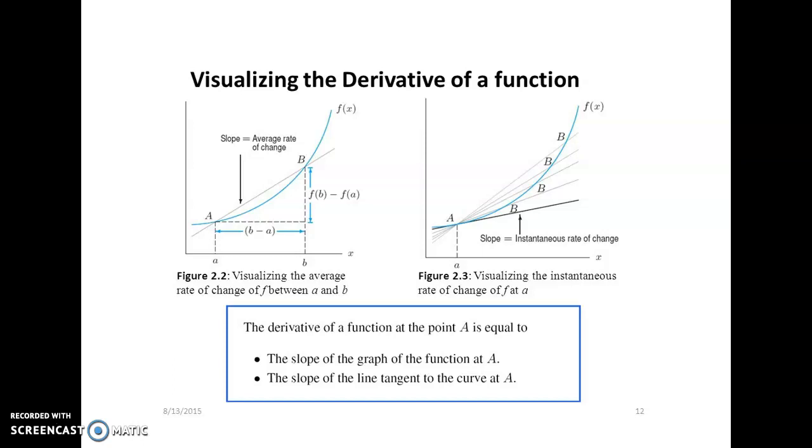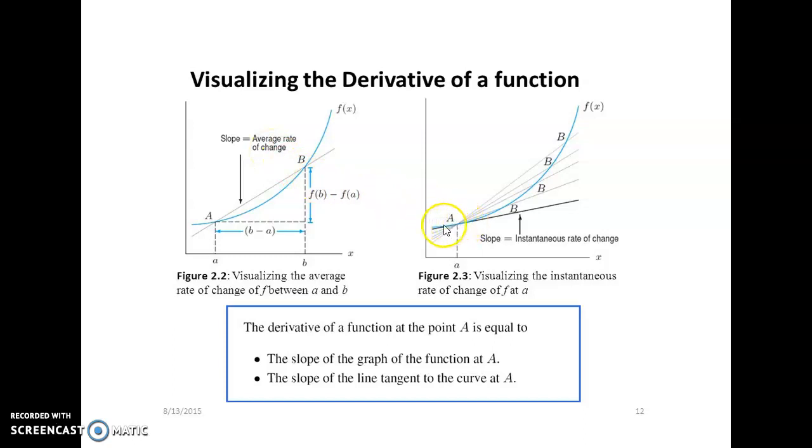First, let's see what we mean by the derivative of a function graphically, or visually. If you look at this graph of the function y equals f(x), I draw a secant line. If I'm finding the slope of this secant line, I'm finding the average rate of change.